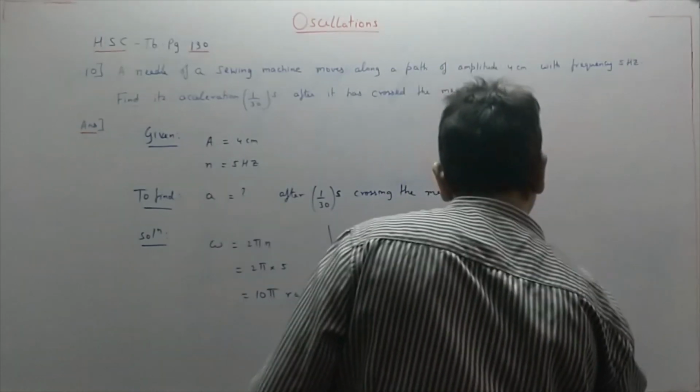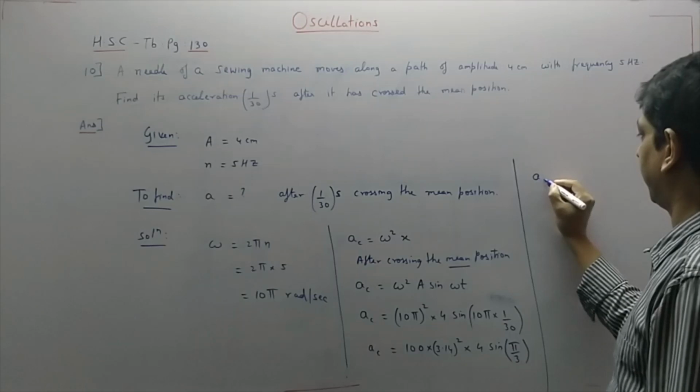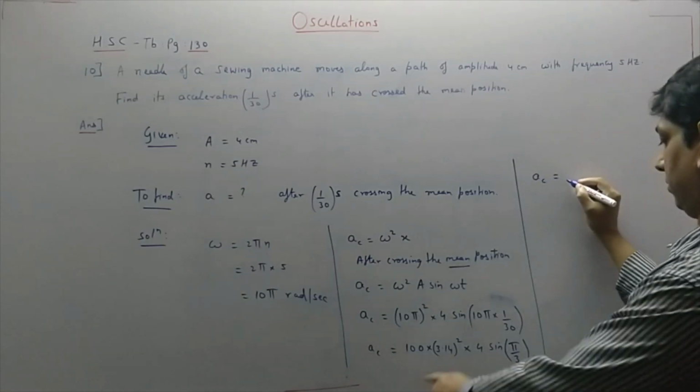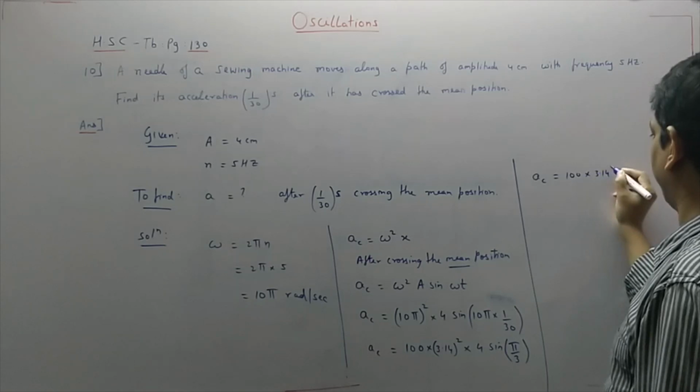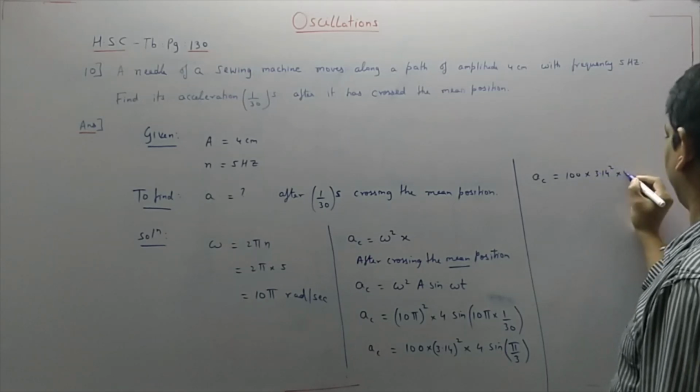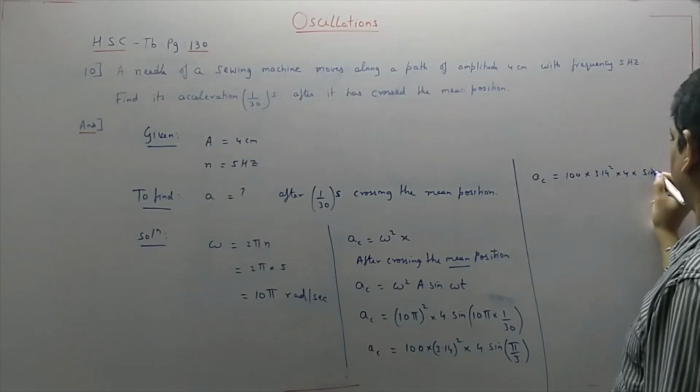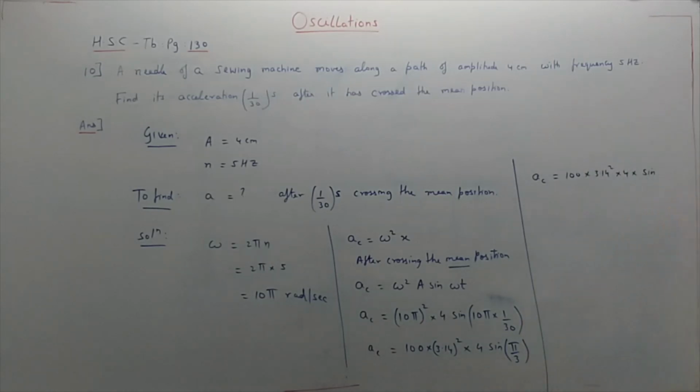This is basically sine 180 upon 3, that is sine 60.